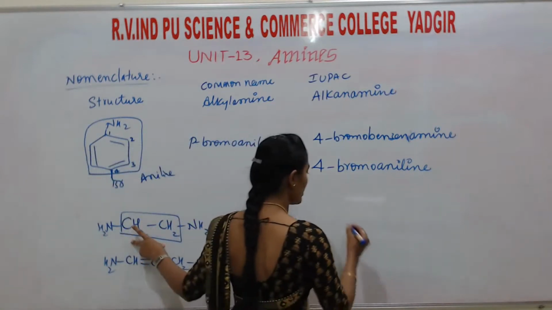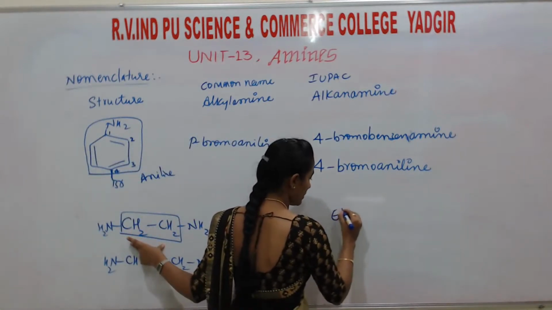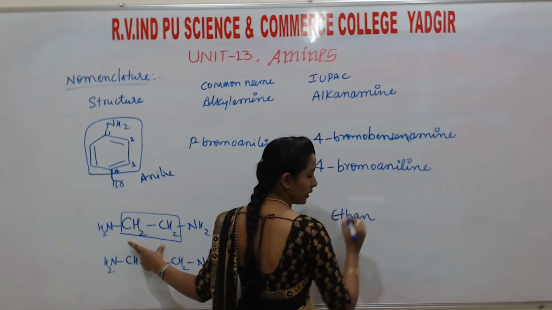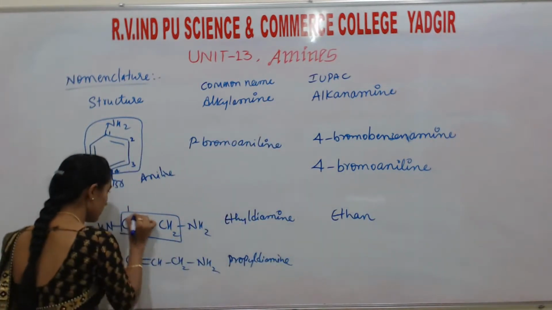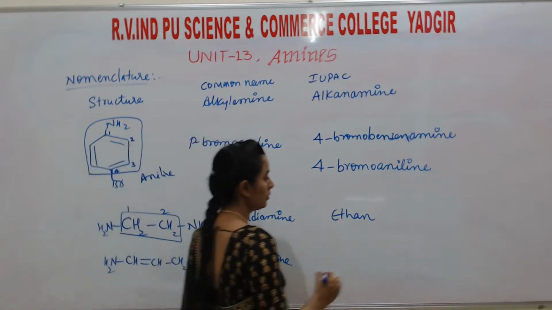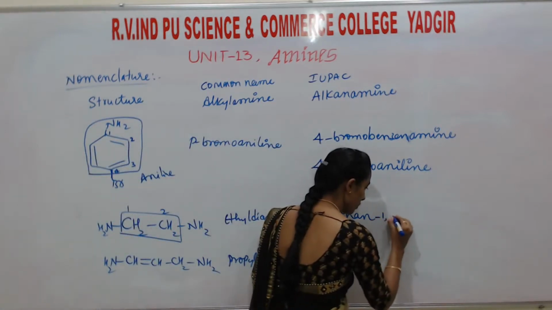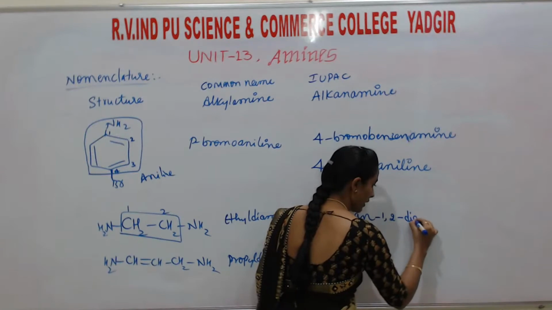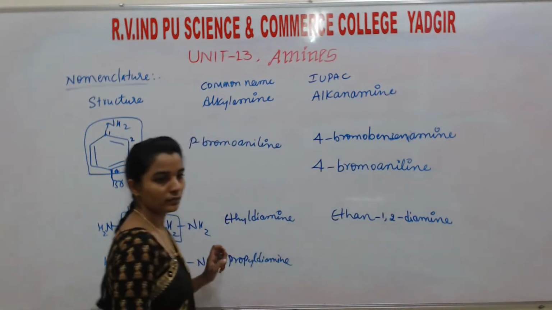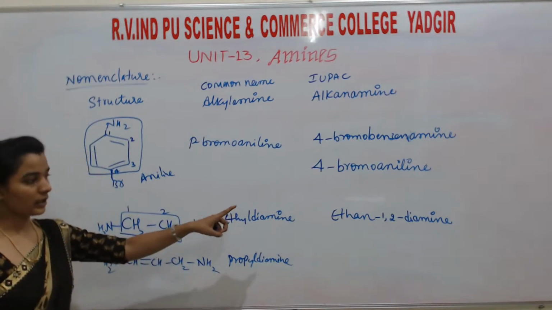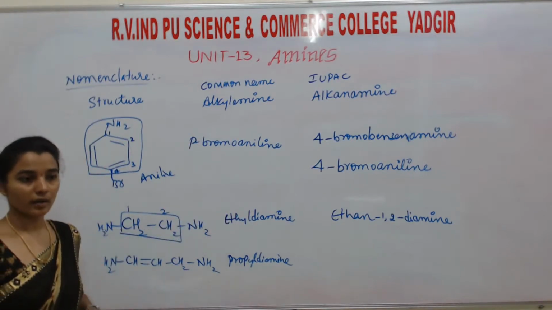Here the parent chain is 2 carbon atoms, that is ethane. Okay, so diamine is there, students. This is 1, this is 2, so this is 1,2-diamine. Understood? That is ethane-1,2-diamine.